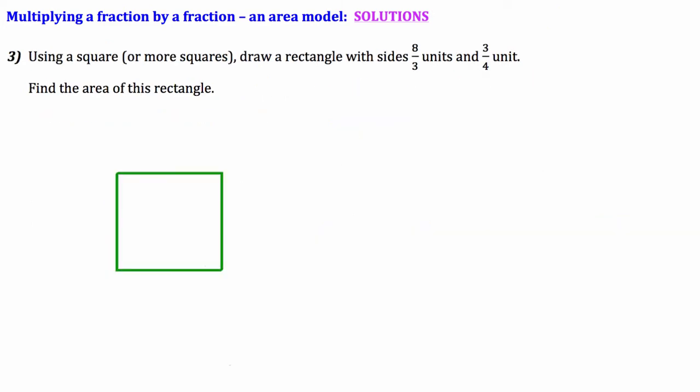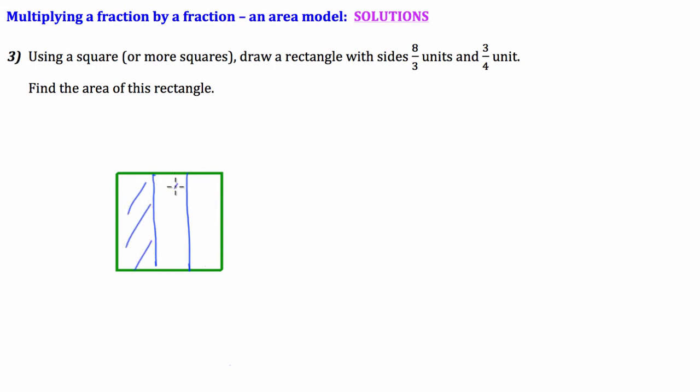In the next problem, we have to use this square to draw a rectangle with sides 8/3 units and 3/4 of a unit. So let's start with 8/3 units. So if we have this square and we need thirds, let's split this into thirds and let's start shading them in.